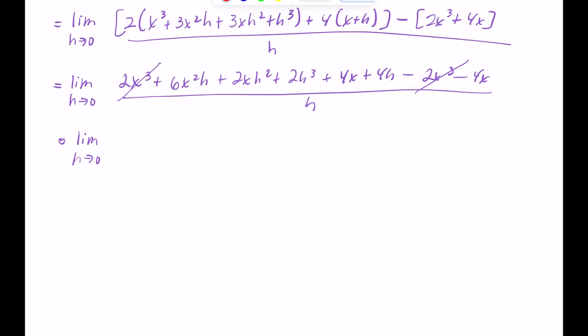So that's going to stay there. And then we've got 2xh squared. Okay. We've got a 2h cubed. And then a 4x and a negative 4x. They're going to cancel out. And I've got this 4h here all over h.